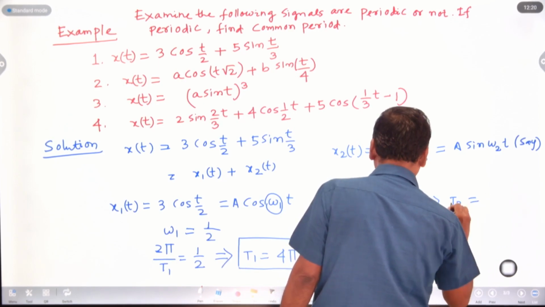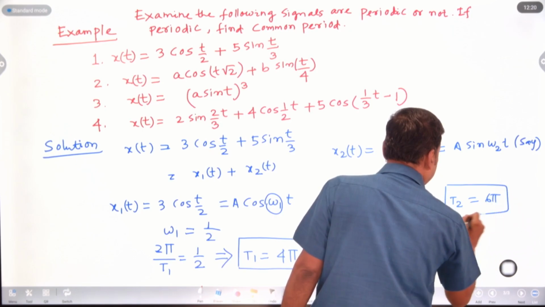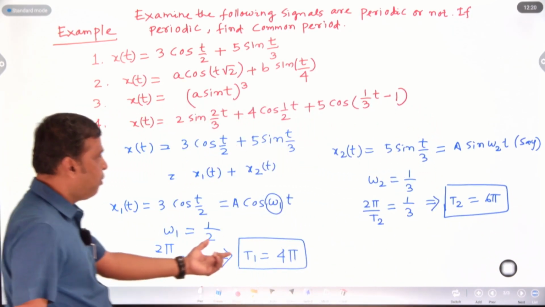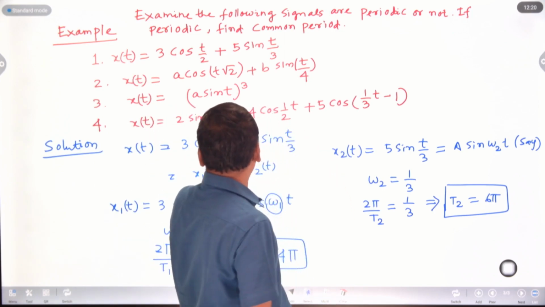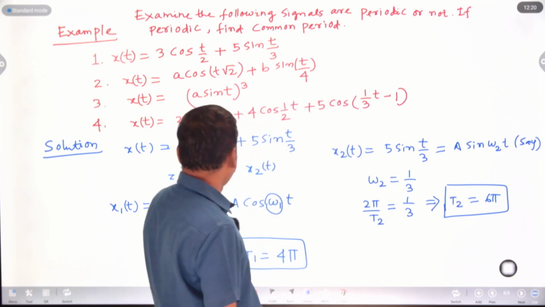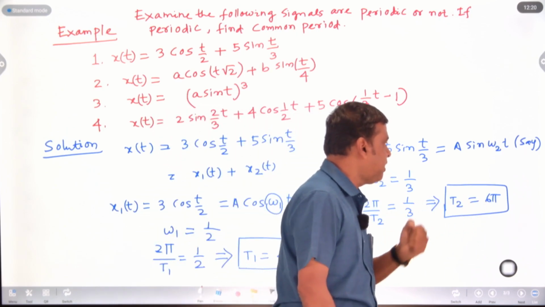T2 equal to 6 pi. In the first continuous signal we calculated T1 equal to 4 pi, and in the second sinusoidal signal, T2 equal to 6 pi. The fundamental period of the first is 4 pi, and of the second is 6 pi.